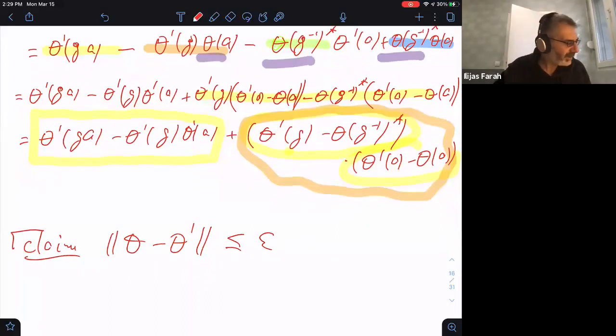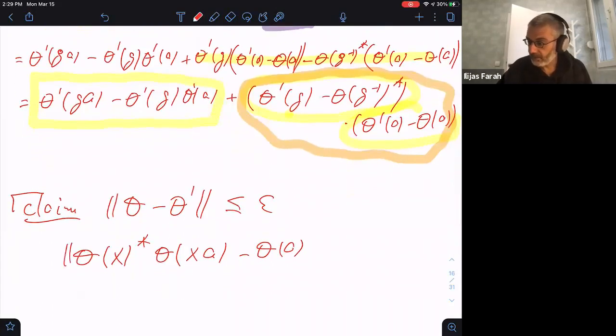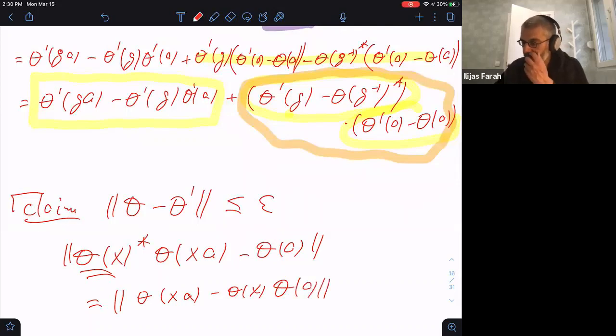You see, what we have is theta of x star theta of xa minus theta of a. So this is what we need to estimate the norm of. Because theta of x is a unitary, I can multiply by it on the left without changing the norm. So this is theta of xa minus theta of x theta of a, and this is less than or equal to epsilon. So this is the proof of the claim.